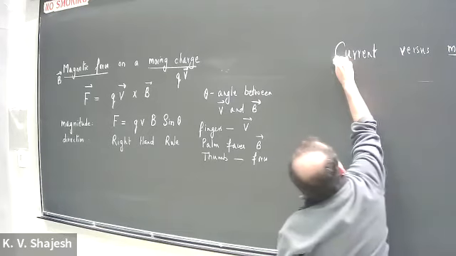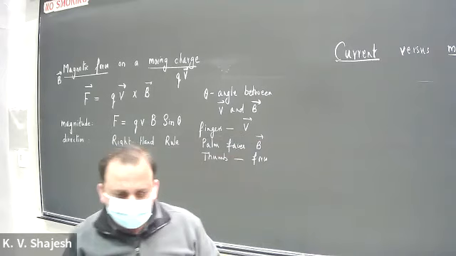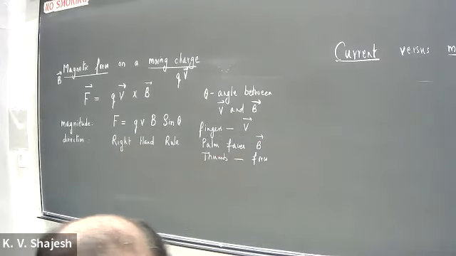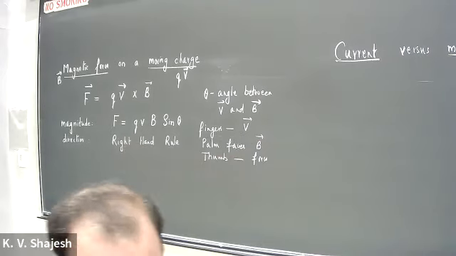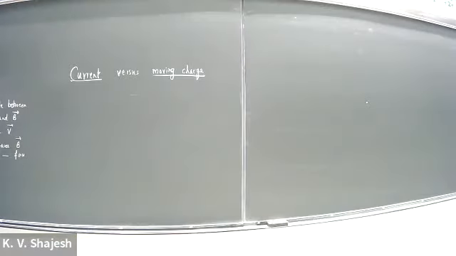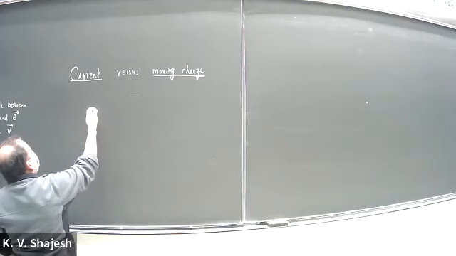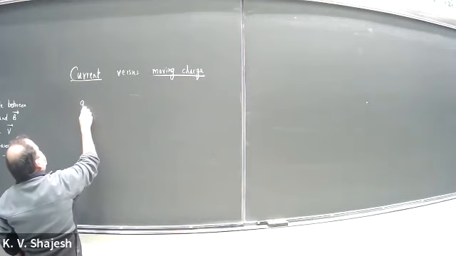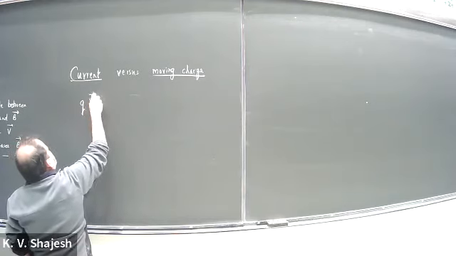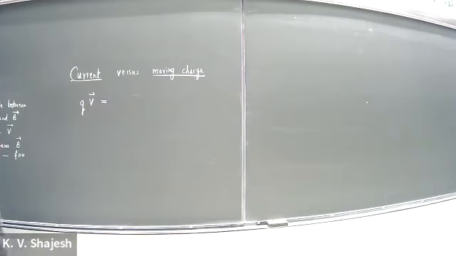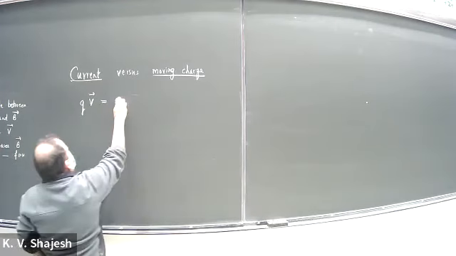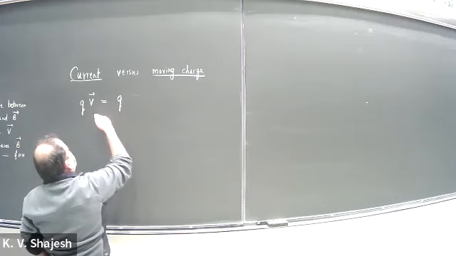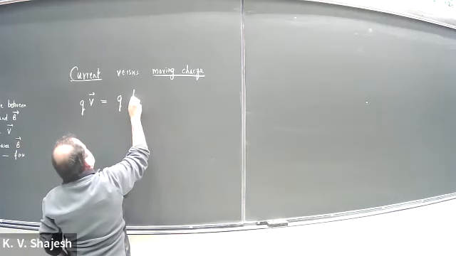So, a moving charge and a current carrying wire. Well, I remember, we have Q times V. Let's write this as Q times length over time. So let's say that is a length.